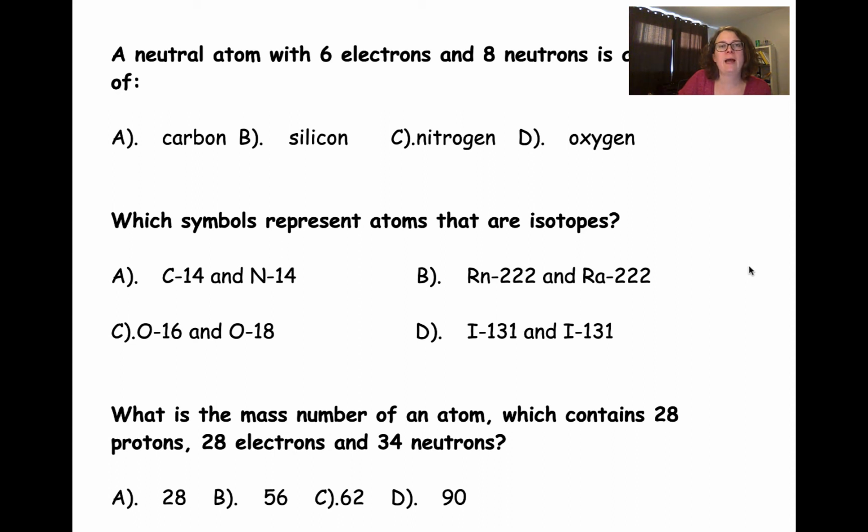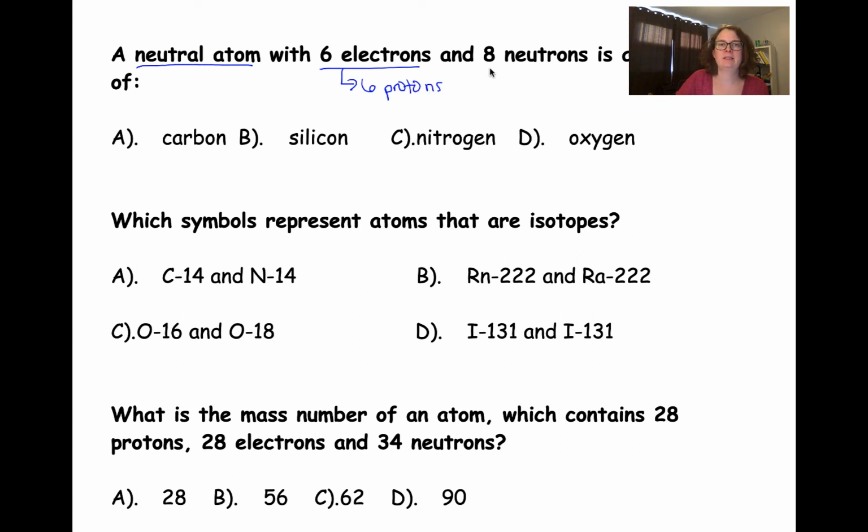So a neutral atom with 6 electrons and 8 neutrons is an isotope of, so here we have to think about a lot of things in this question. So a neutral atom means that we have the same number of electrons as we do protons. So when it tells us we have 6 electrons, they're really telling us that we have 6 protons as well, because it's a neutral atom.